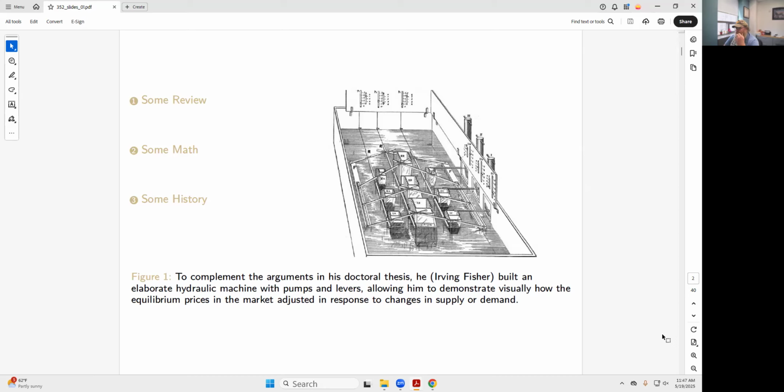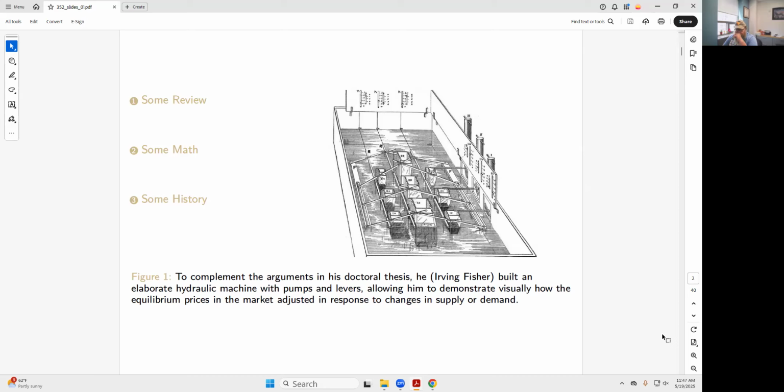As you can see in the tidbit here, he wrote his doctoral thesis, and not only that, he also built a machine that was supposed to illustrate various pricing mechanisms and how markets are interrelated. Irving Fisher ends up being a really important person in the context of this particular class, so we'll come back to this idea a little bit later.